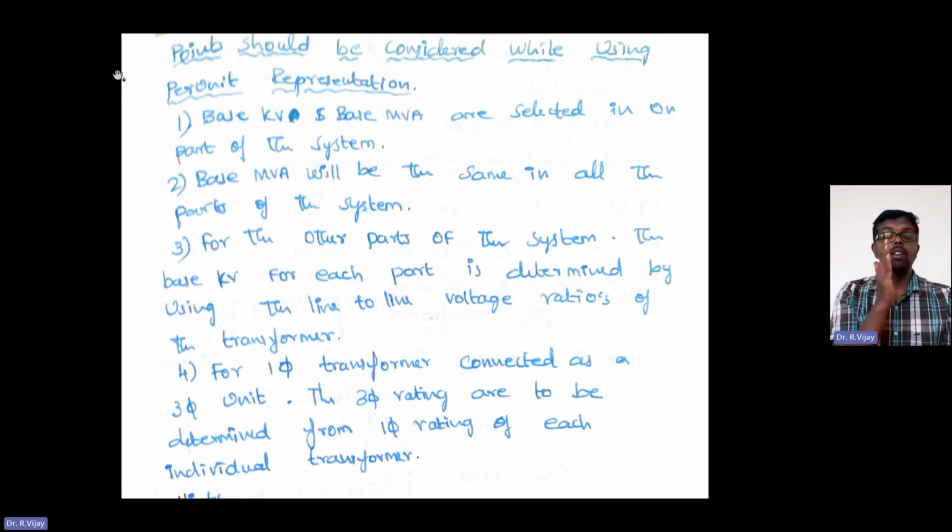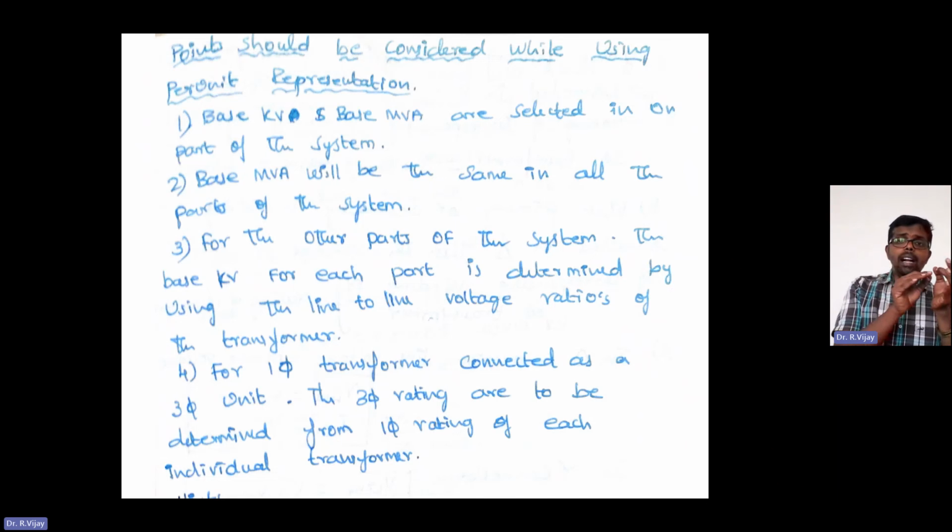So base kilovolt and base MVA are selected in one part of the system. Next, base MVA will be the same in all the parts of the system. For example, if you select one base MVA, it should be the same in all the parts of the system. You need to remember this, because once base MVA is selected, it needs to be continued in all the parts of the system.